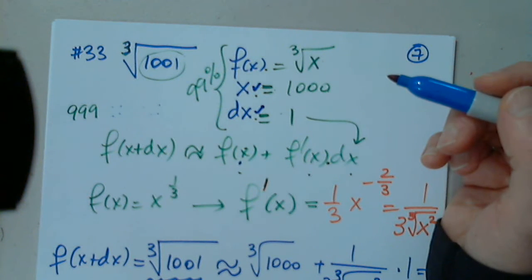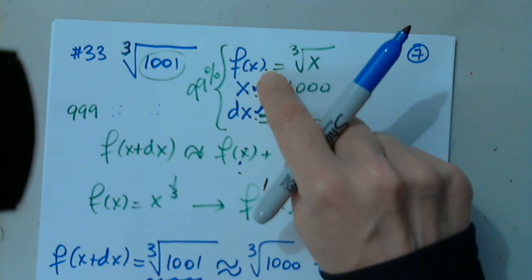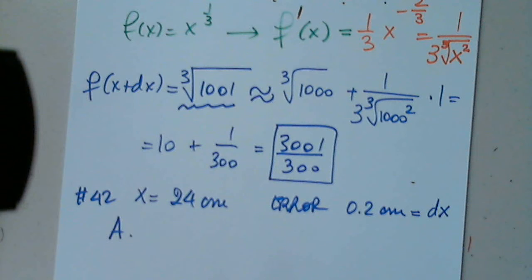What do I need to identify next to be on the right track? f of x? Exactly. Now let's think for a moment. What am I asked to find? The error in the area. So what is the area of the disk equal to?